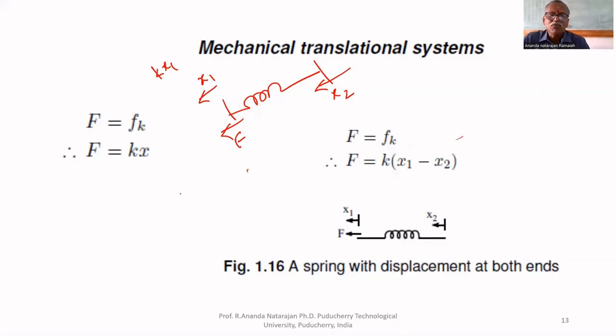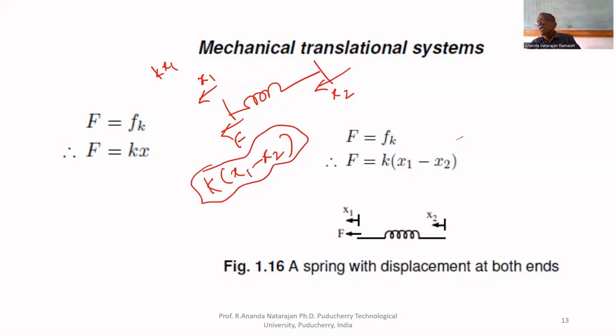Therefore, the reaction force developed in the spring, if both ends are free, is K multiplied by x1 minus x2, that is kx1 minus kx2. When x1 and x2 are in the same direction, the elongation is reduced. If both are in the opposite direction, the reaction force is K multiplied by x1 plus x2, because this end is moving to the right hand side, so the total displacement is x1 plus x2.